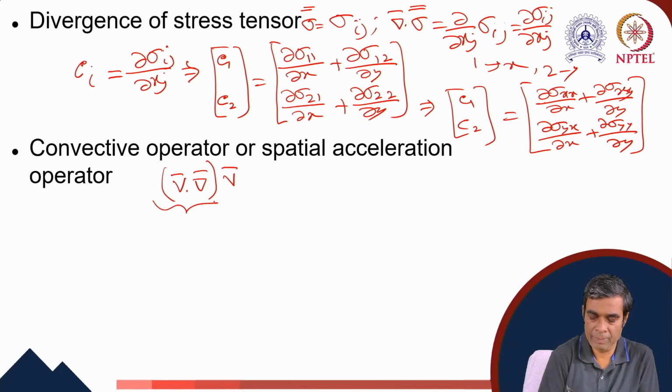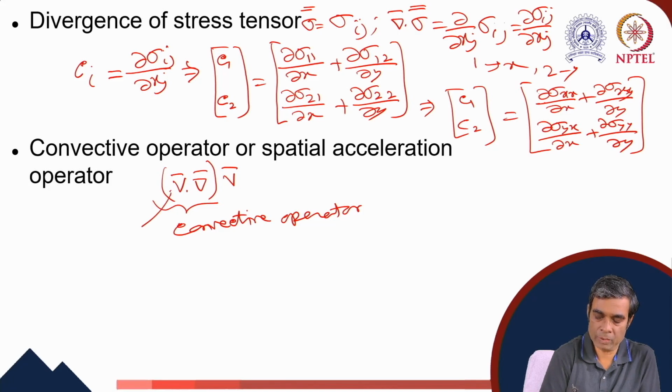So here v bar dot del is the convective operator. In this expression, we say that the v bar within the bracket is the convective velocity, and v bar outside is the convected velocity.